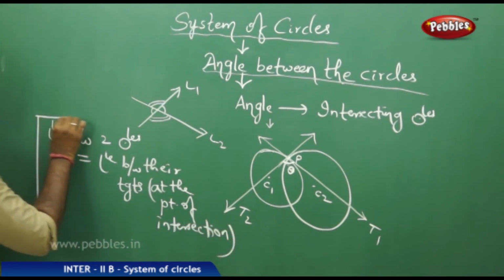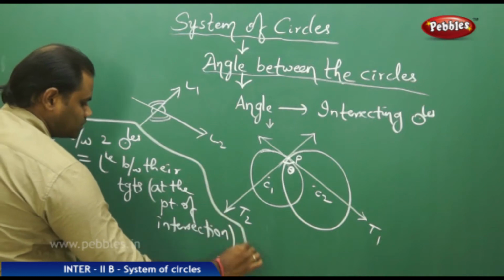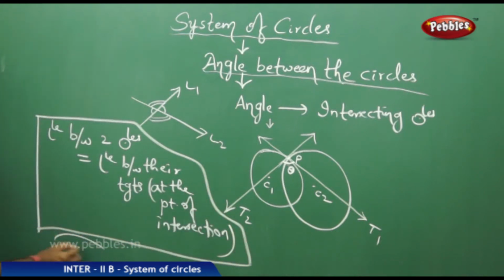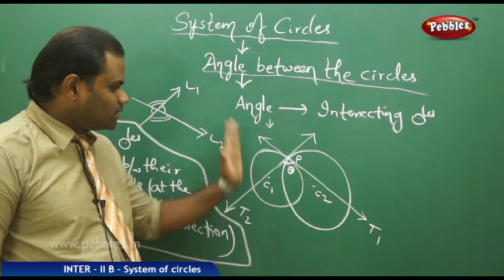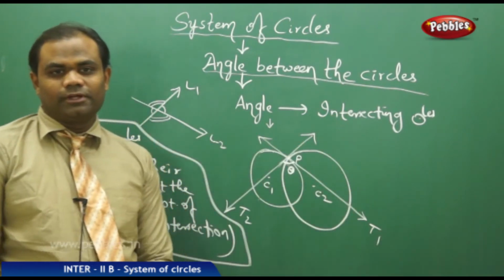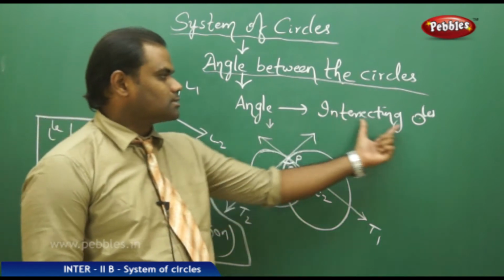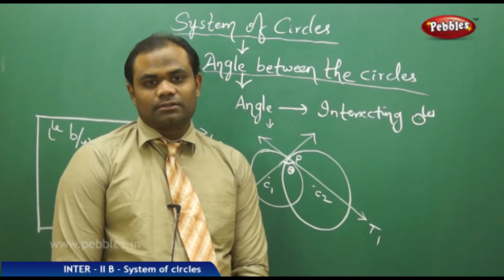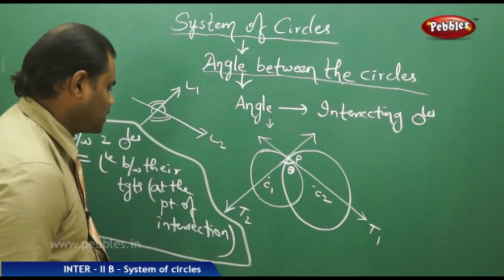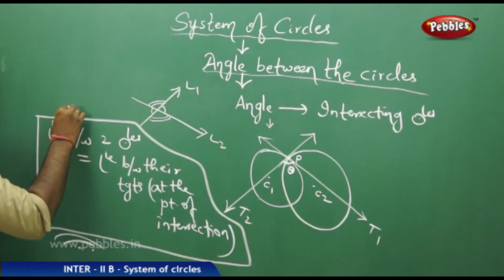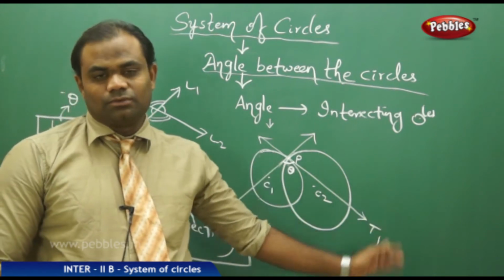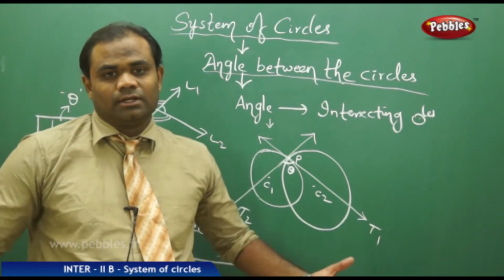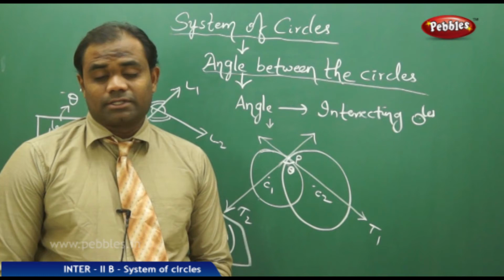This is a very important note which we need to make. The angle between two circles is the angle between the tangents at the point of intersection. An angle exists only for intersecting circles. So here theta is the angle between T1 and T2. This is how we understand the angle for intersecting circles.